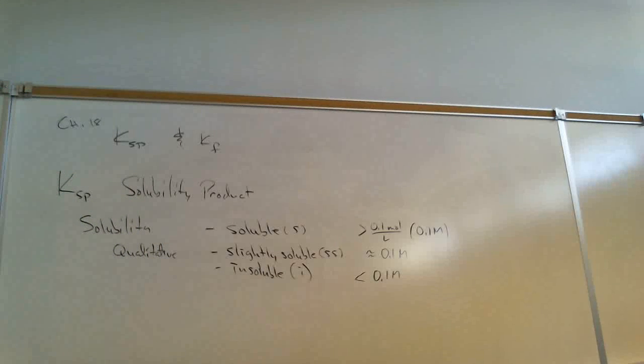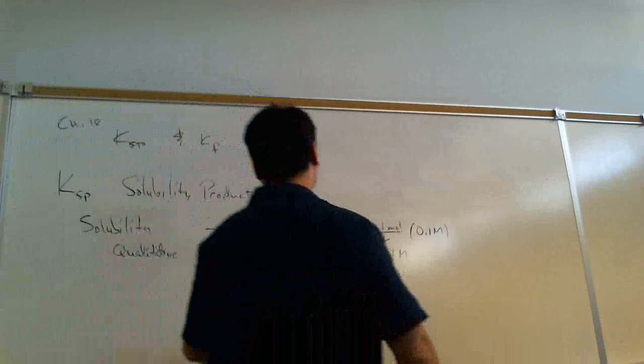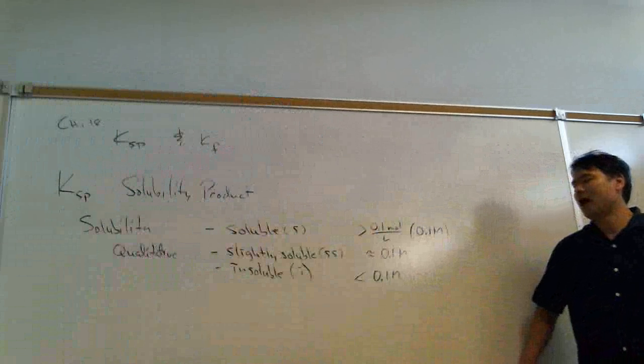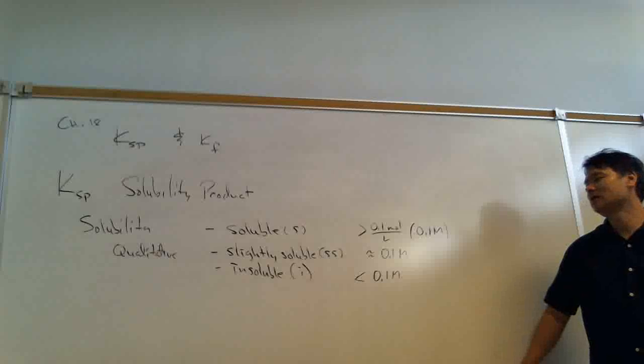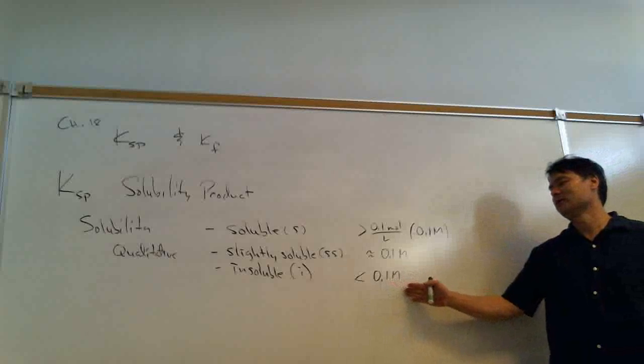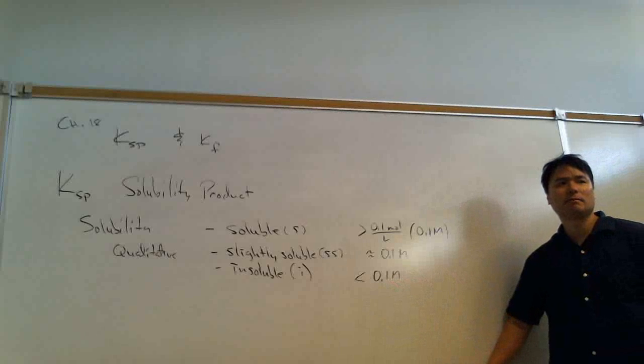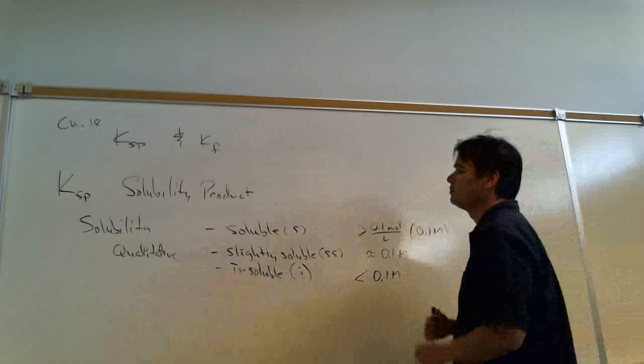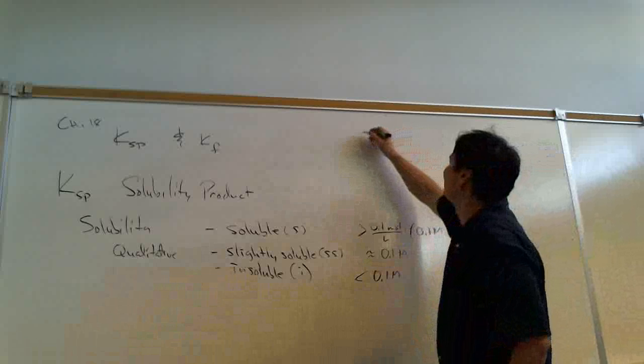And so we have different levels of solubility. For example, if something's insoluble, we want to know how insoluble is it? Is it borderline or is it extremely insoluble? And therefore we have a second definition for solubility, a more quantitative definition.